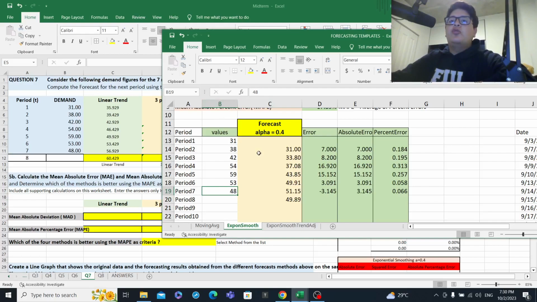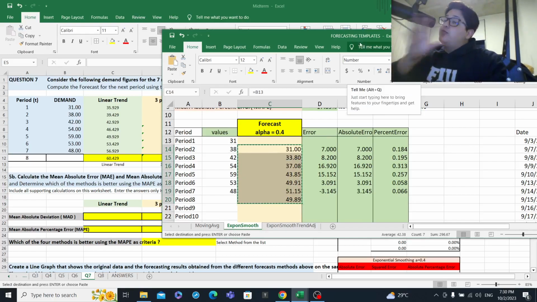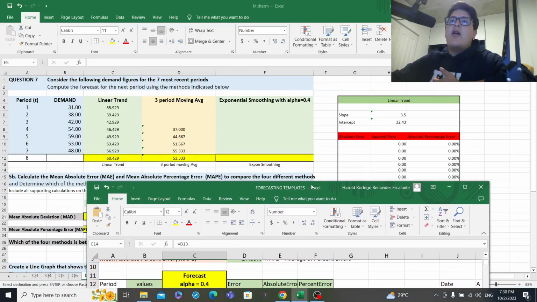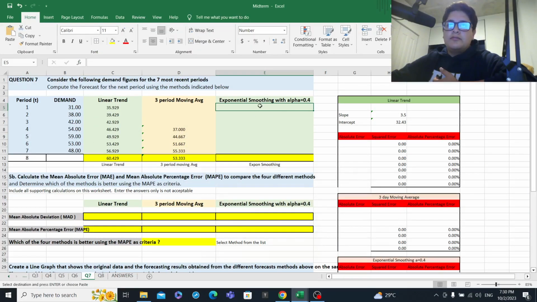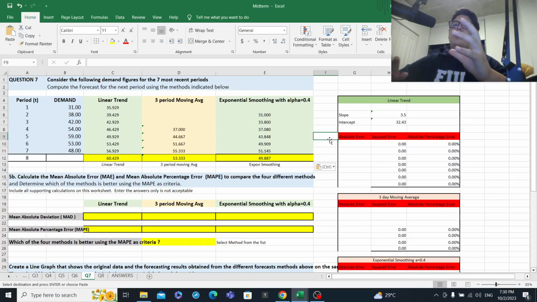Well, the values we have are these, so I'm gonna grab them and move them to our Excel. So now we have our table for the first part of question 7.